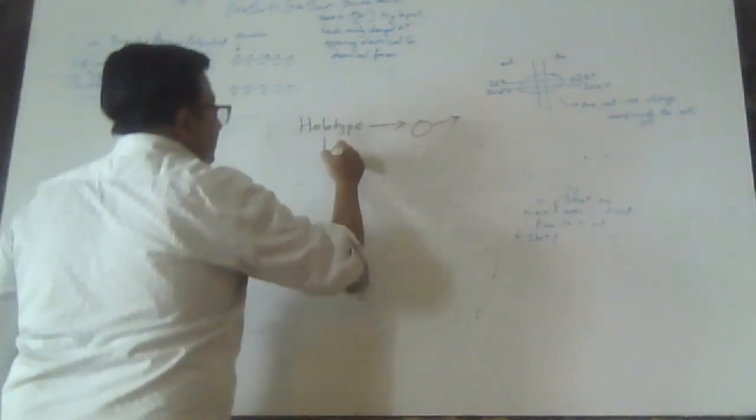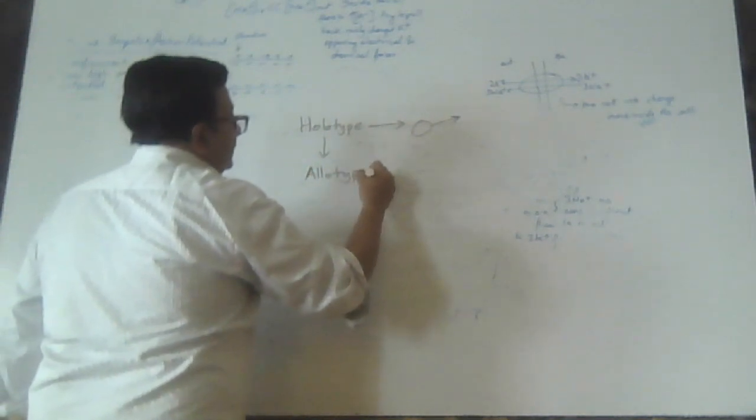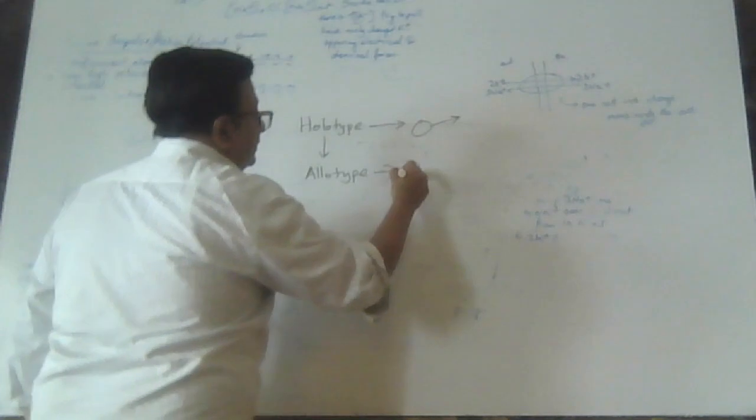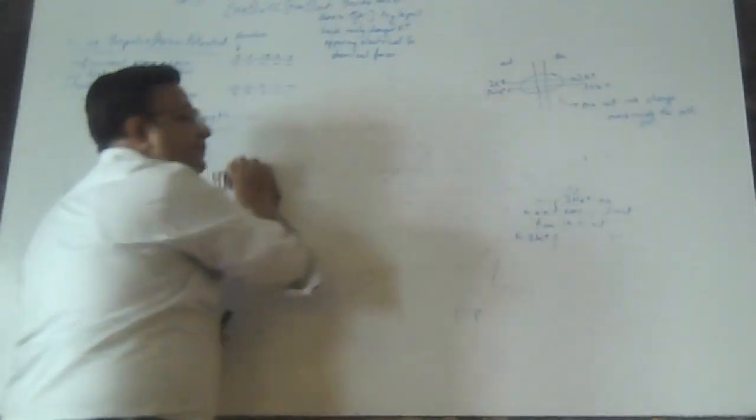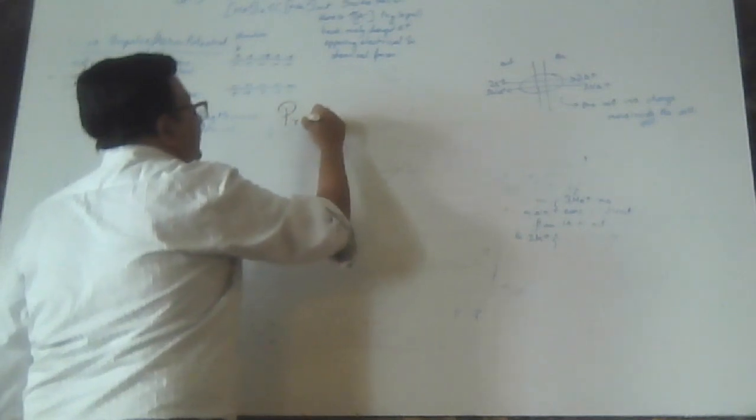The female counterpart is known as allotype. So this is the principle of typification. Two more principles remain, the first being the principle of priority.